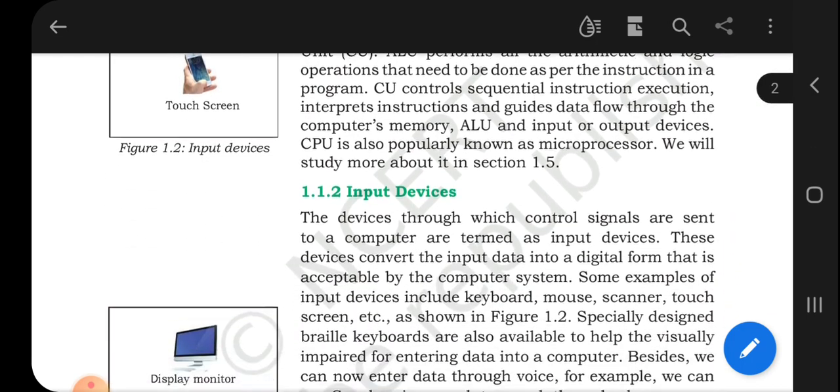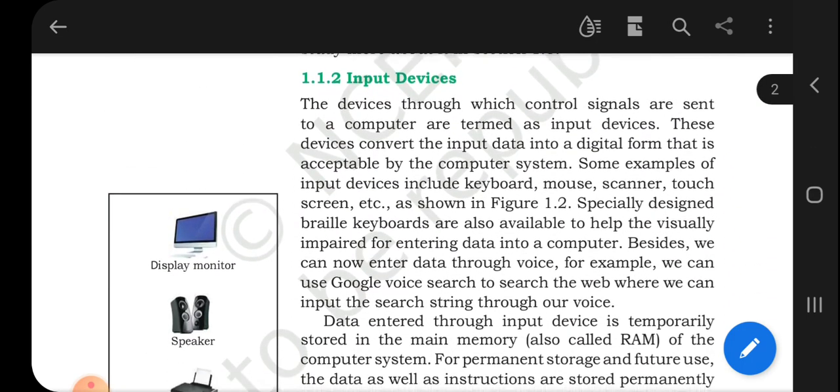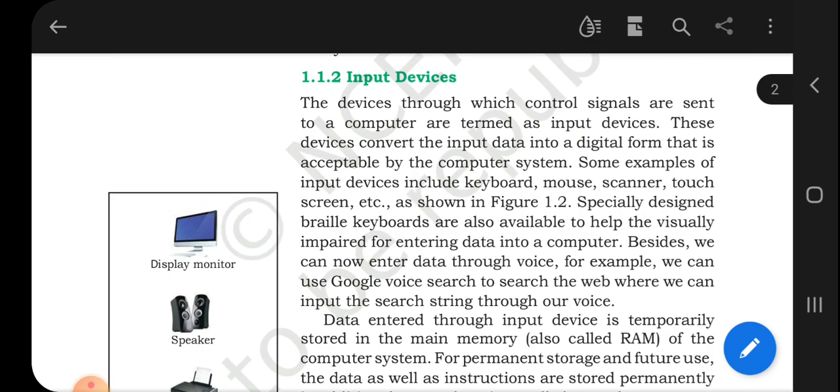Now have a look at the input devices in 1.1.2, that is the input devices. What are these? The devices through which control signals are sent to a computer are termed as input devices.